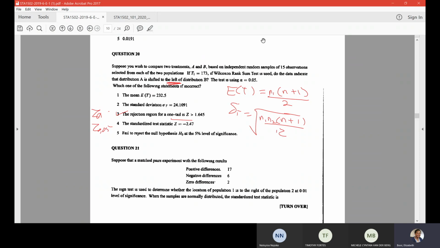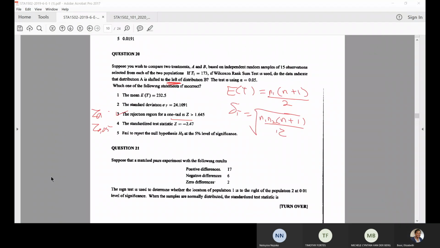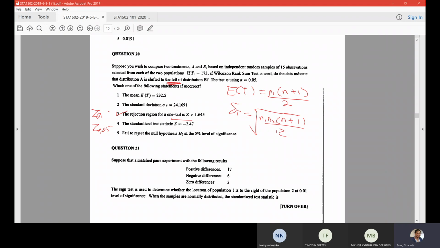Then you need to calculate the Z statistic. To calculate the Z test statistic, you say T1, which you are given, minus the expected value, divided by the standard deviation.